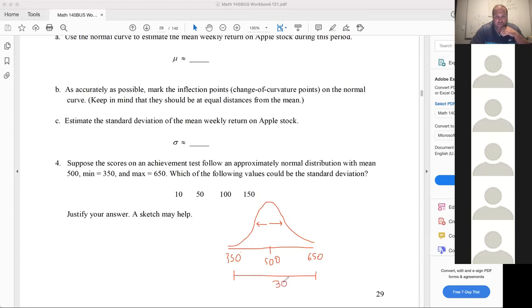The general rule of thumb is that the standard deviation should be approximately the range over 4, one quarter of the range. So it should be about 75. So really either of these two numbers are ballpark values as possibilities, because they're both the same distance from 75.